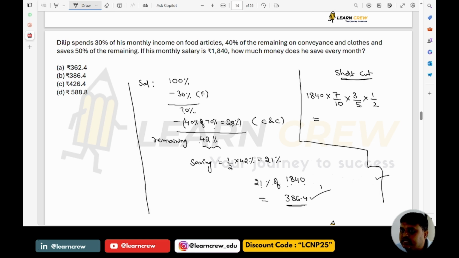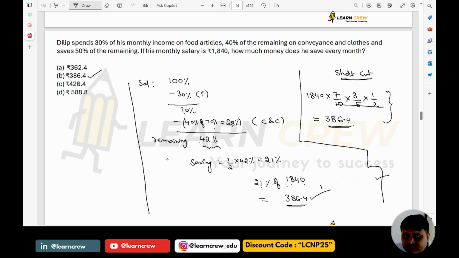So if you see here, 5 2s are 10, 10 10s are 100. So you will get here 18.4 into 21. You will get 386.4. So answer is 386.4. So this is the shortcut which you need to follow.